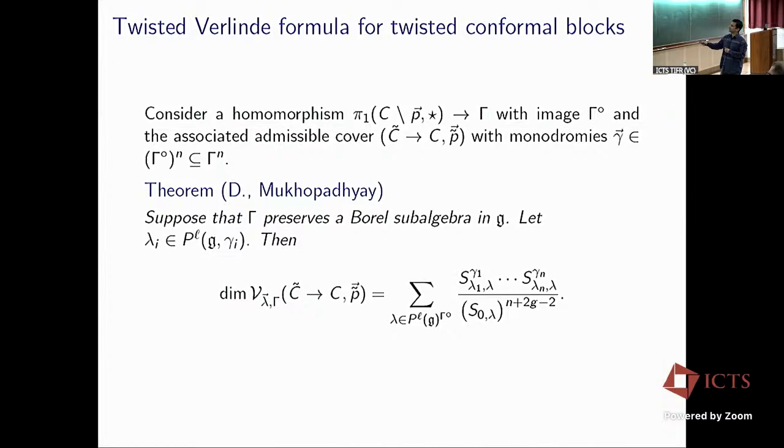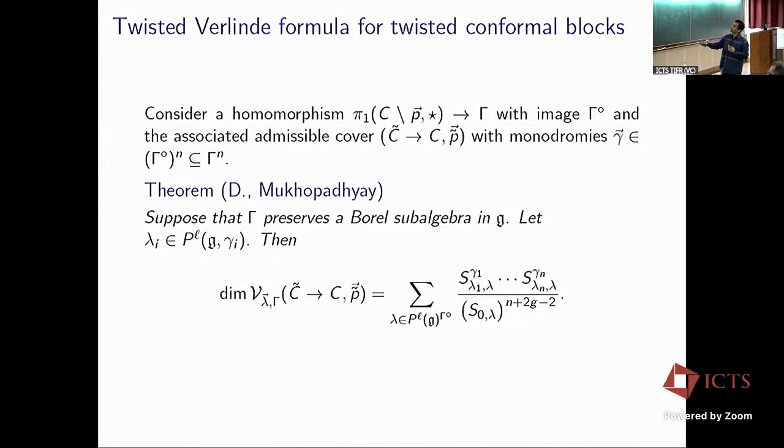Various crossed S matrices appear here, corresponding to a bunch of simple representations in various grades, and this lambda is in the neutral grade, but it's fixed by the image of this.